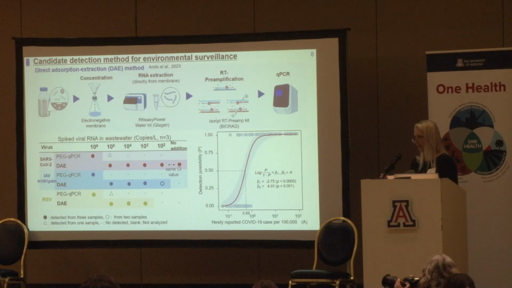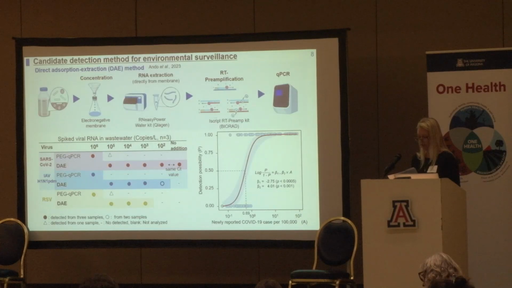We concentrate the RNA from the samples that we're targeting. We do an RNA extraction directly from that membrane, and then we do an RT preamp procedure followed by quantitative PCR. We tested this in spiked samples, and in these spiked experiments, we confirmed that the methods we've developed are 100 times more sensitive than previous methods, which include ultrafiltration and PEG precipitation.